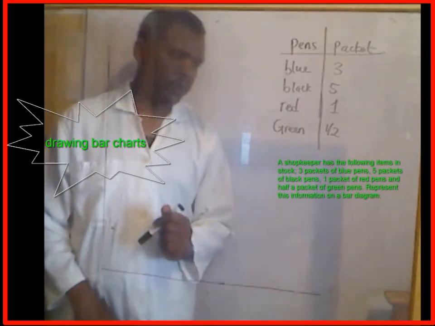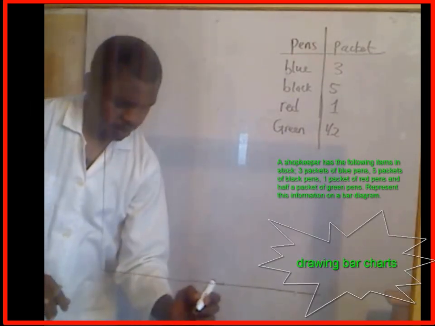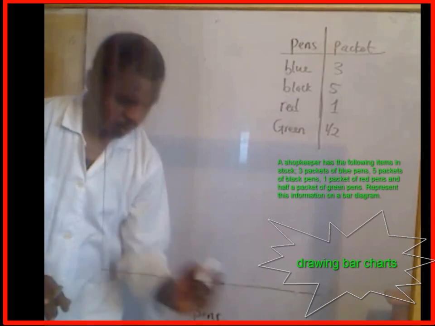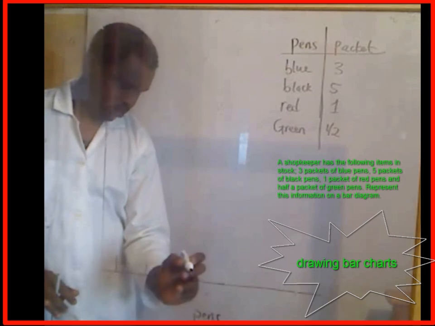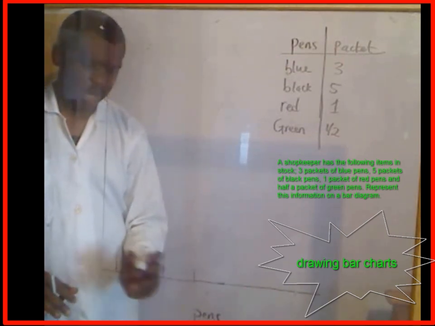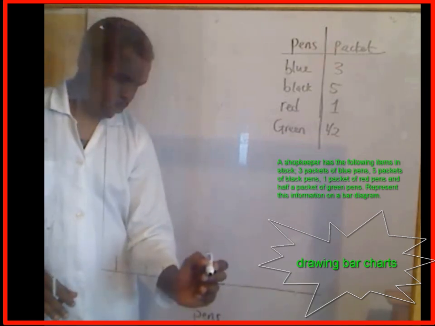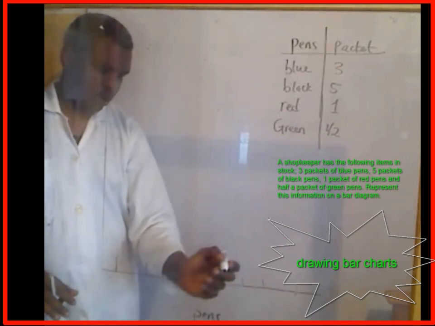So I can graduate the 2 lines. Down here I write pens. There are 4 categories. So the bars should be of equal width. So 1, 2, 3, 4.